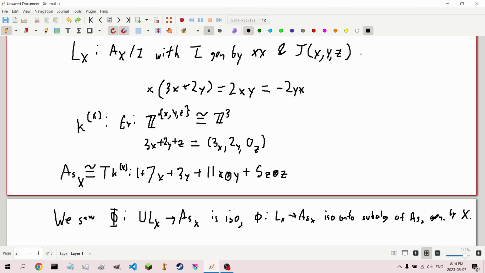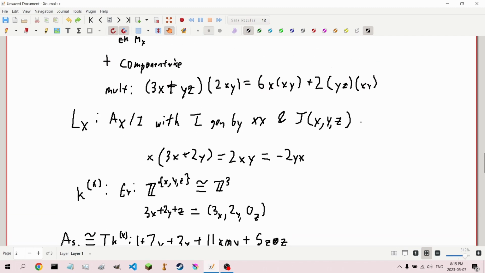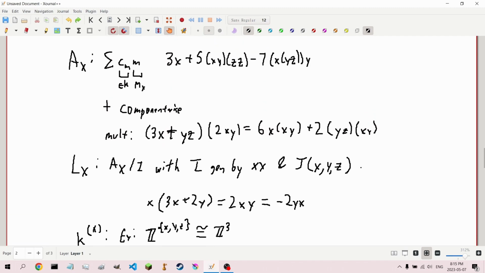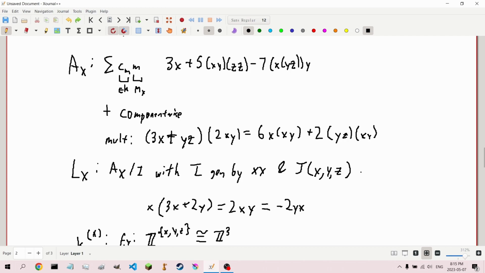Like, we have the lemma that we proved from before, but so we know that Lx is going to have our Lie properties essentially from our bracket.